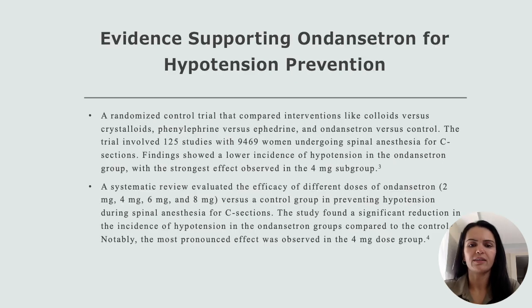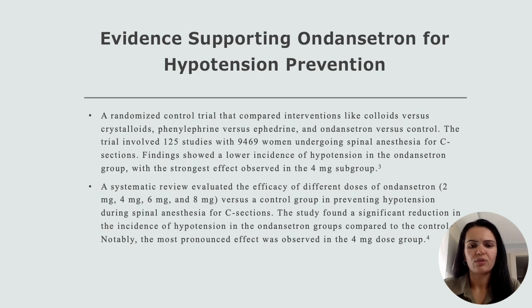Let's now look at the evidence supporting the use of ondansetron for preventing hypotension during spinal anesthesia in parturients. One significant piece of research is a randomized controlled trial that compares various interventions, including colloids, crystalloids, phenylephrine, ephedrine, and ondansetron, against a control group.